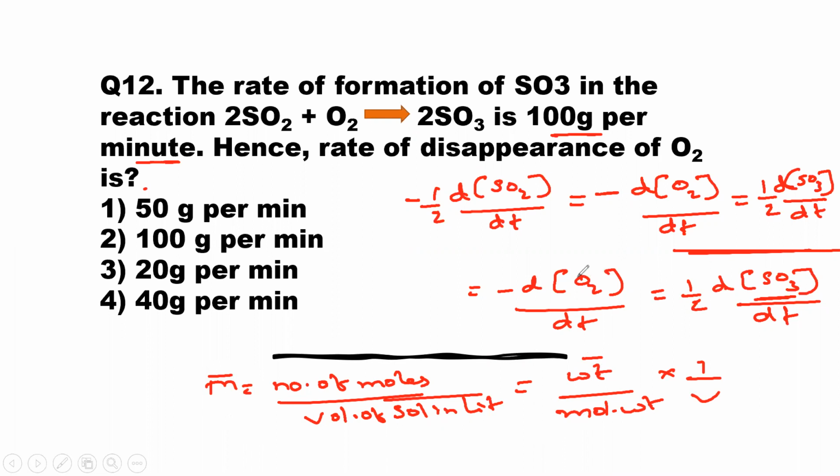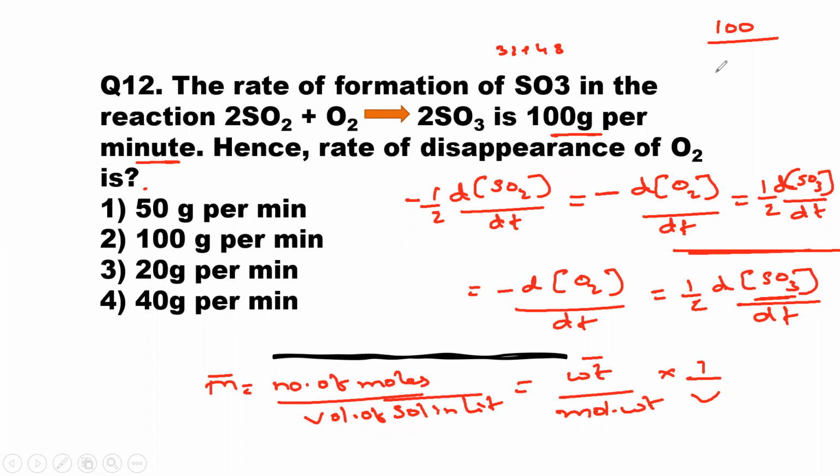So taking that into consideration, we have to work out the numerical like this. Molarity is proportional to weight by molecular weight. Let us take the weight of sulfur trioxide as 100, and the molecular weight of sulfur trioxide is sulfur 32 plus oxygen 48, which is equal to 80.